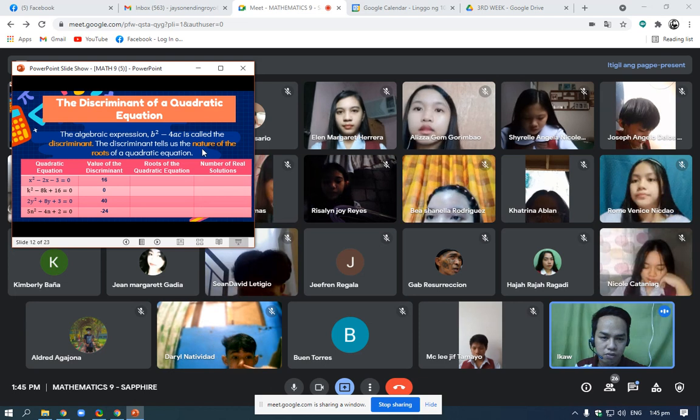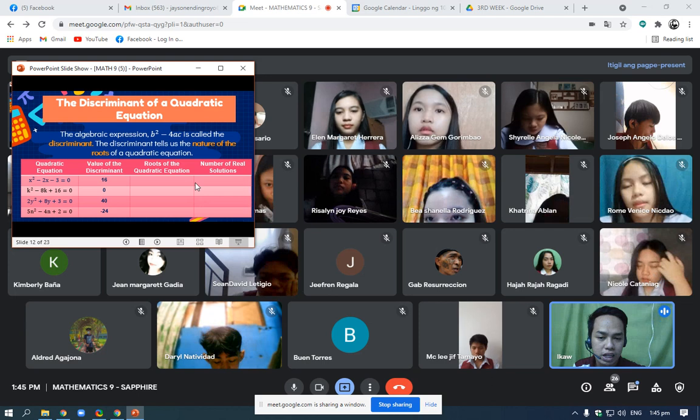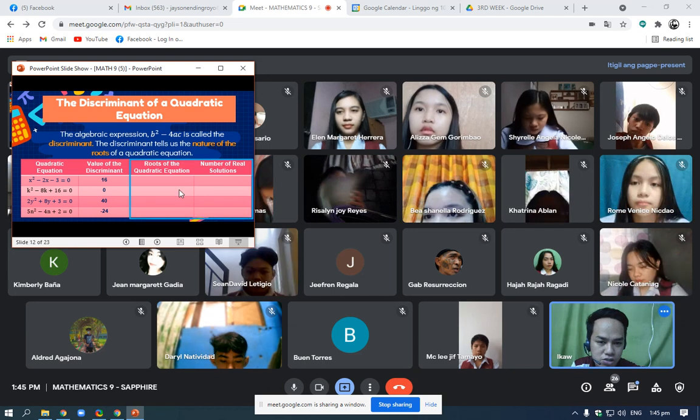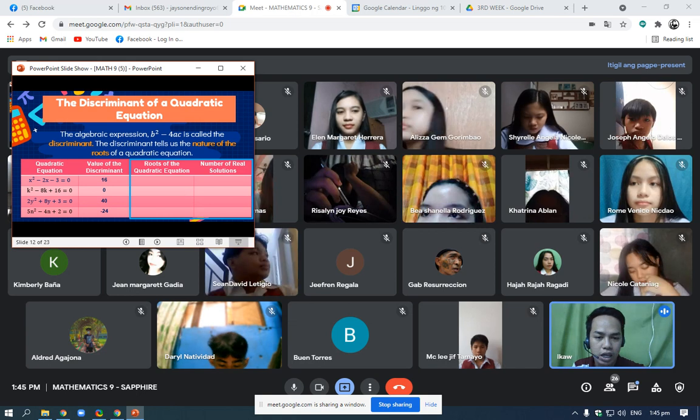Now, we're going to look for the roots of the quadratic equation as well as the number of real solutions. Actually, this portion, yung dalawa na yan na naka-box or naka-highlight ng blue, ay nakuha natin by different methods in solving a quadratic equation.